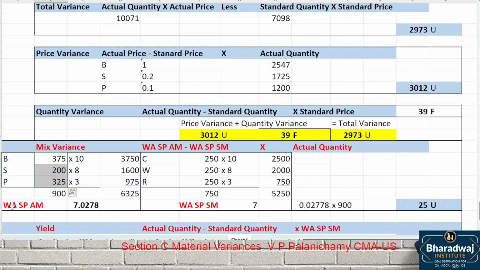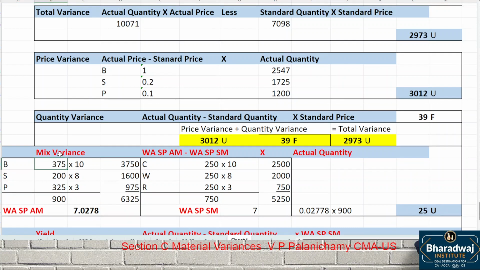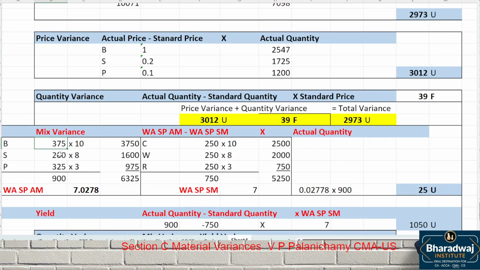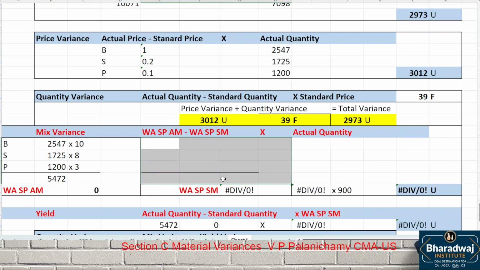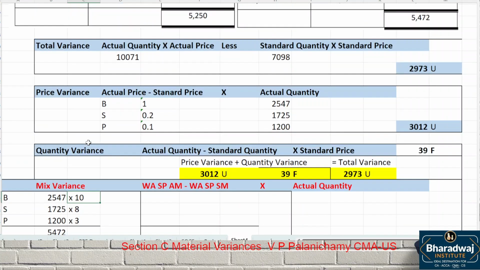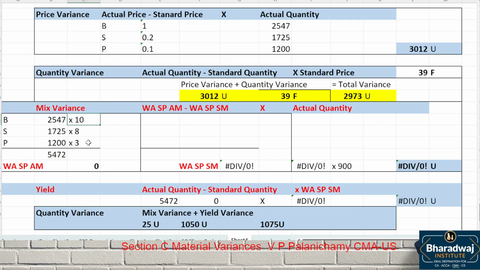First, let us work out for the actual mix. What is actual mix? 2547, 1725, then 1200, into the standard price. What is the standard price? 21.2.